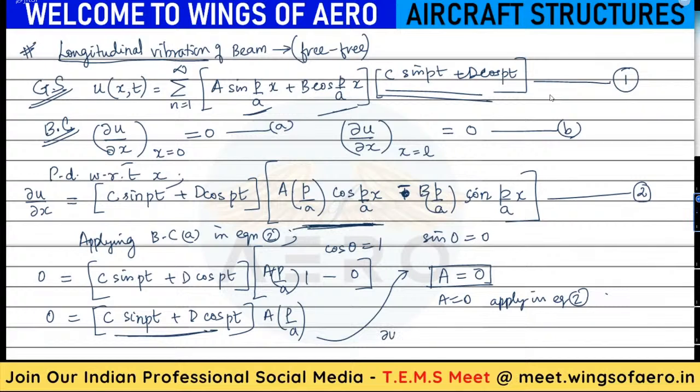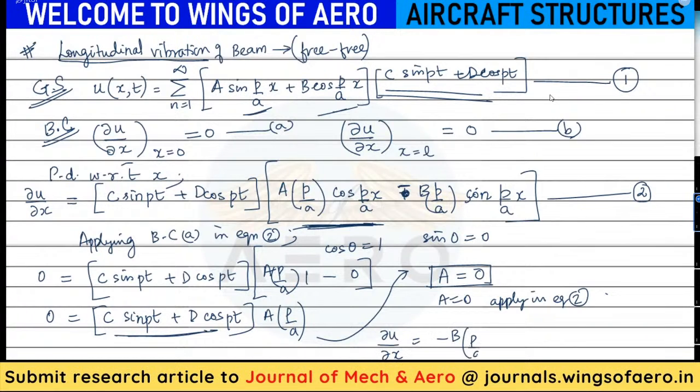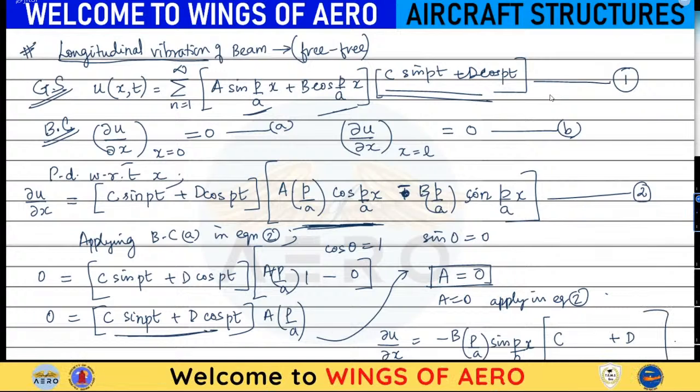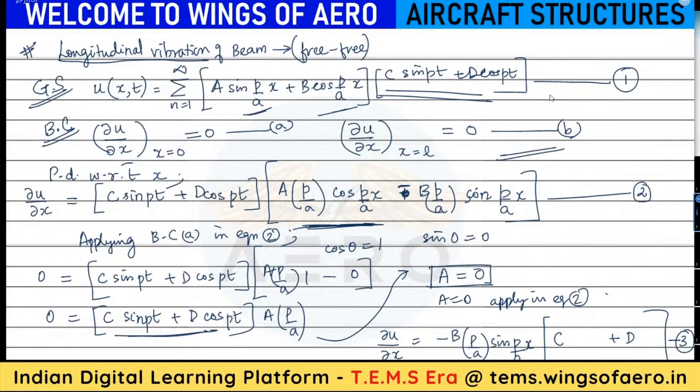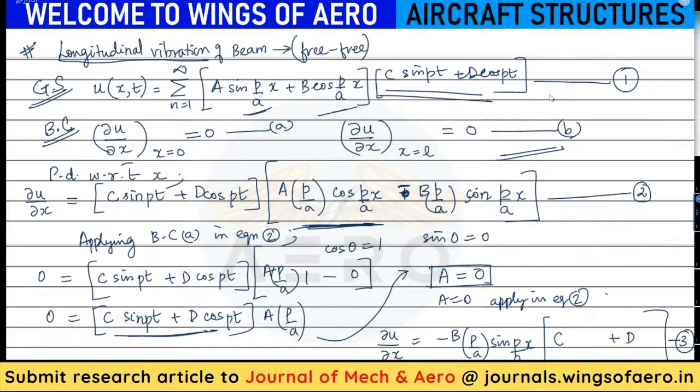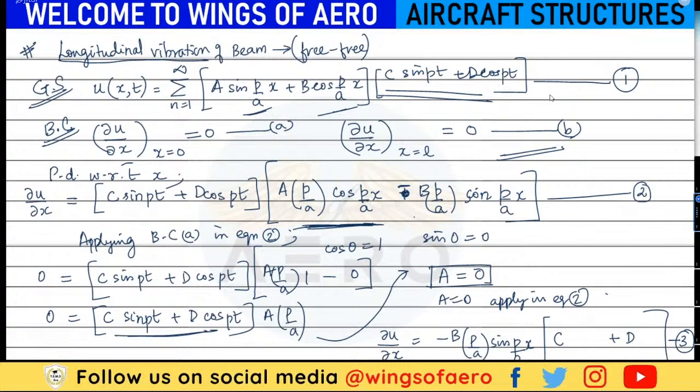So we have dou u by dou x equals minus b p by a sine p by a x into c constant plus d constant. Let's consider this equation 3. Now this boundary condition of b we are going to apply in equation 3. Can you follow? This is the procedure: once you get the constant, you need to apply it back to the previous equation.